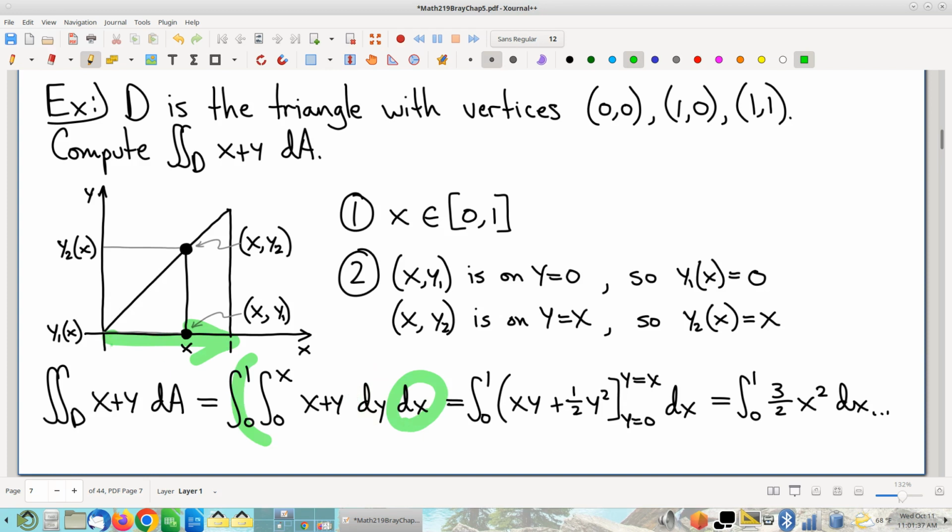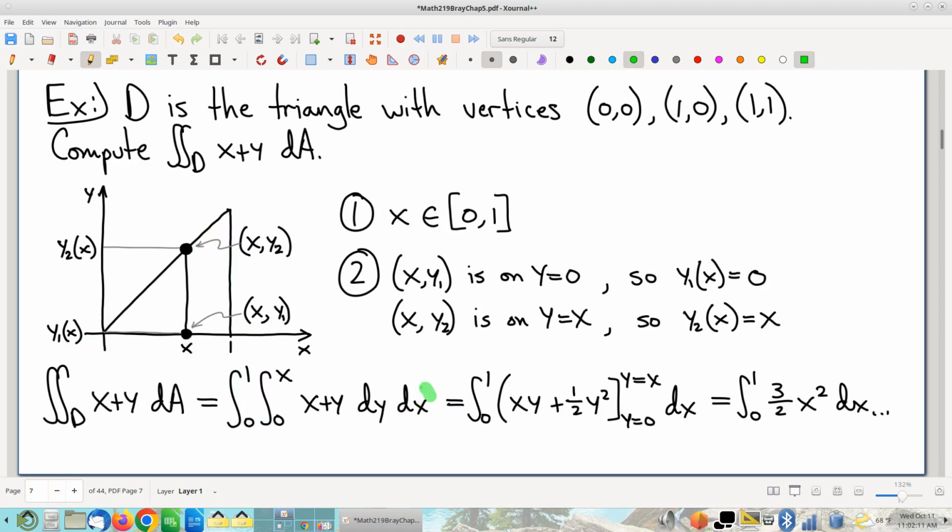This lower bound for x comes from that point where x is clearly 0, and the upper bound comes from this whole line, for all of which x is equal to 1. If you prefer, you can just pick. It doesn't matter. I could pick this point or that point. They all have the same value of x. Okay, so x goes from 0 to 1.